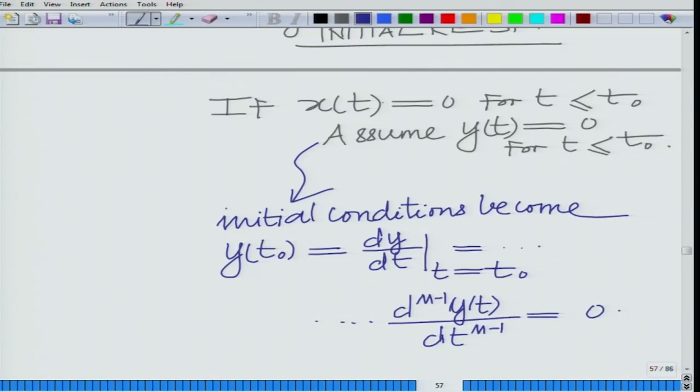So these become your initial conditions. For the system to be time invariant, it has to satisfy the initial rest condition which we have specified here.